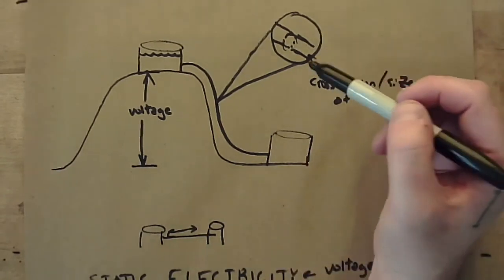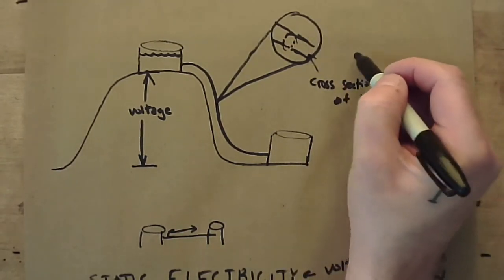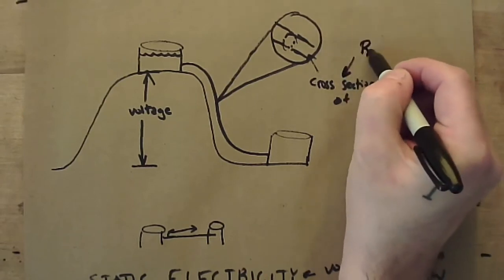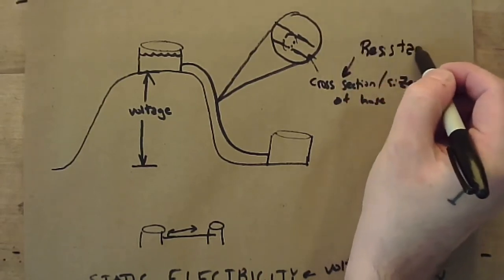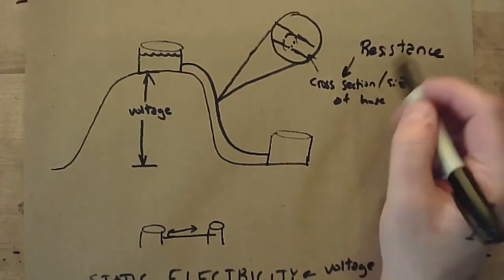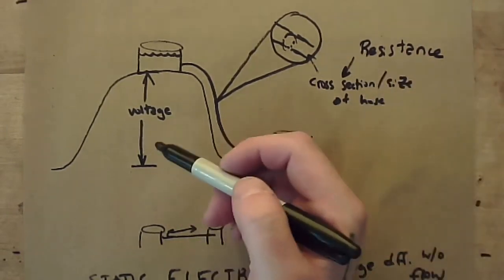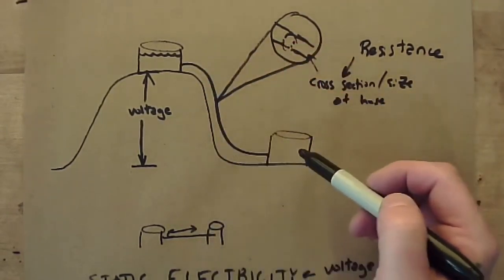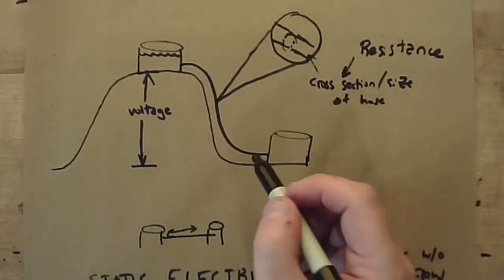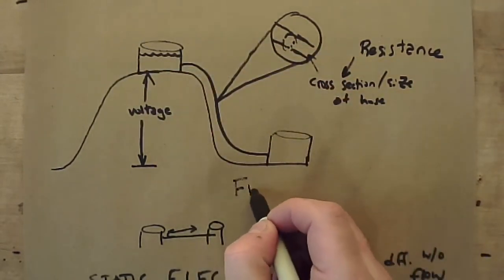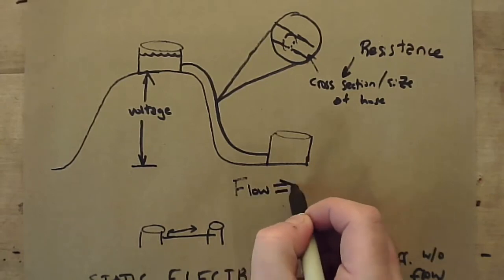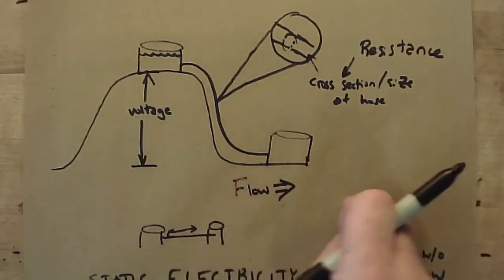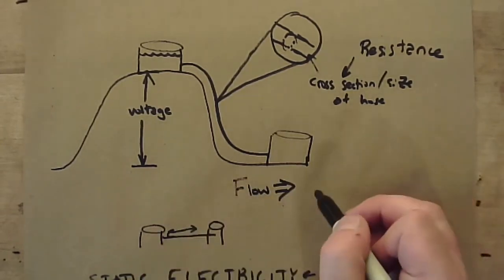So the resistance of our connection and the voltage are going to influence that flow. And that flow is, in electricity terms, what we call current.